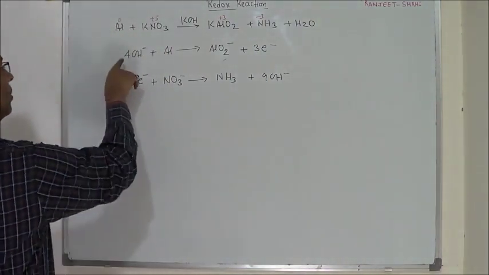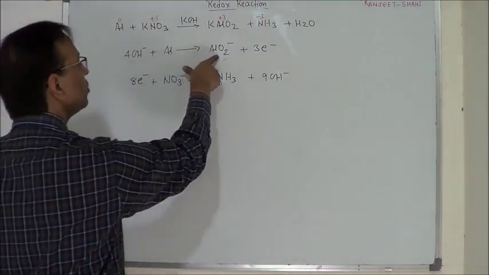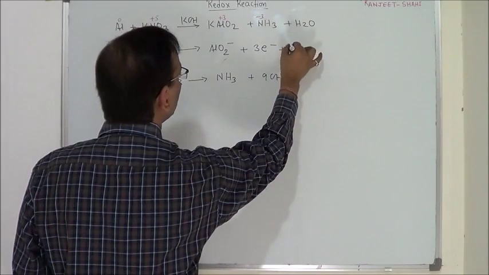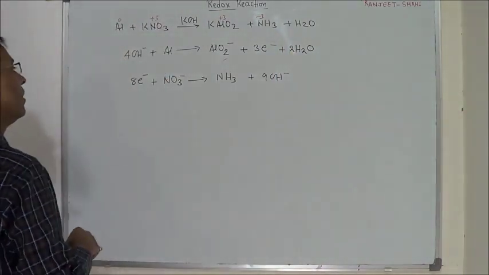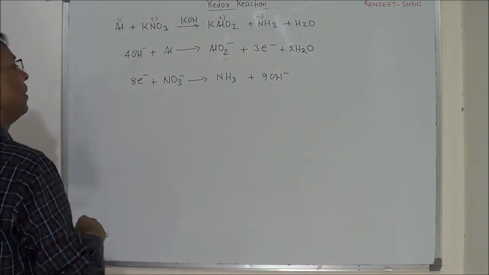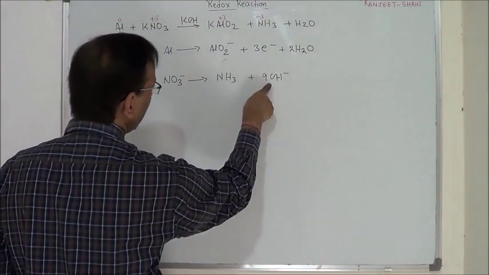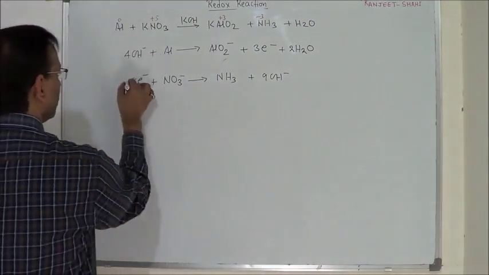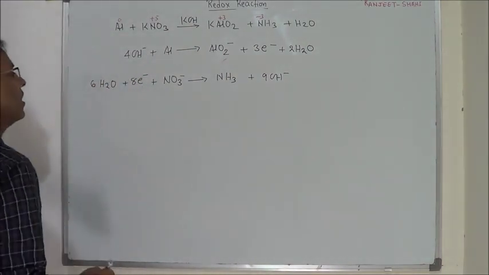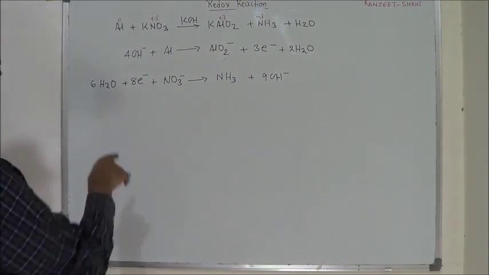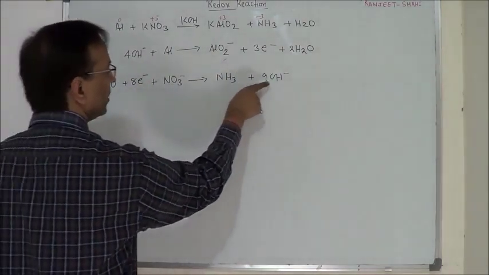Hydrogen and oxygen: 4 oxygen, 2 oxygen, so 2 water to balance the remaining oxygen. 3 oxygen, 9 oxygen, so 6 more oxygen required on the left side to balance the oxygen. Hydrogen is already balanced: 6 into 2, 12, 3 plus 9.